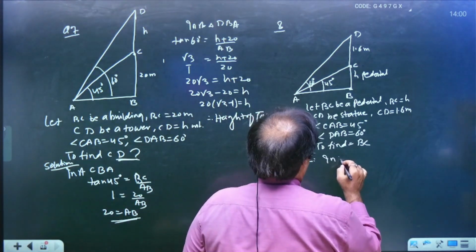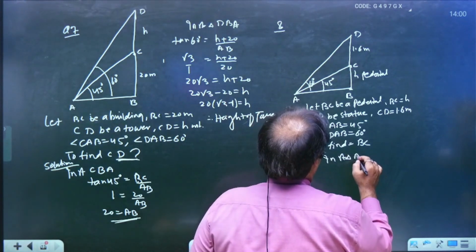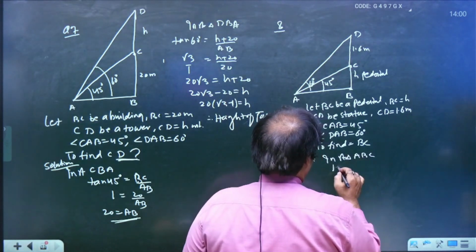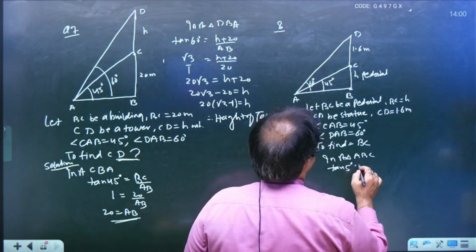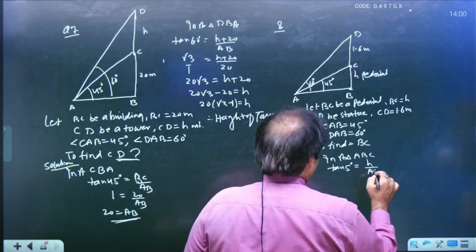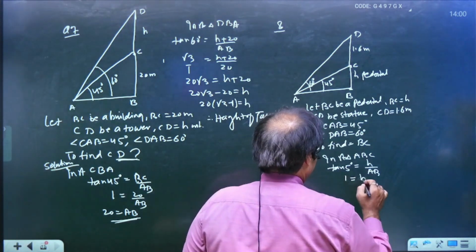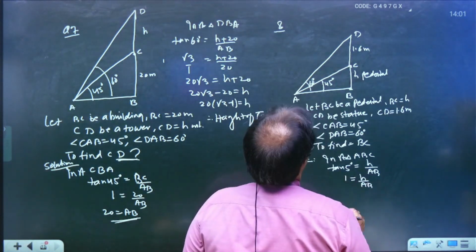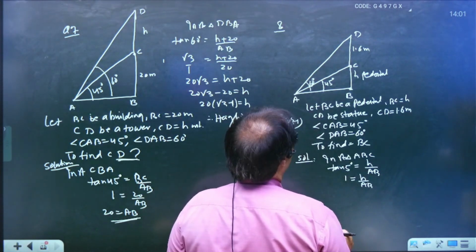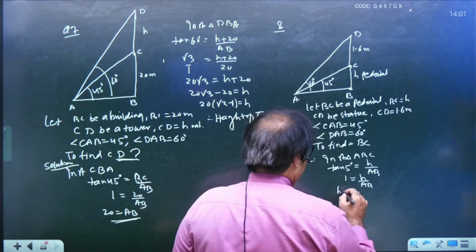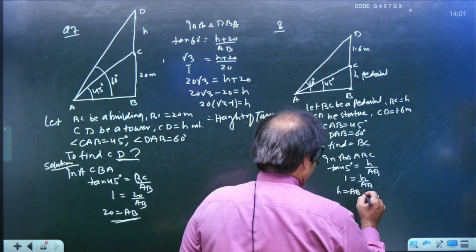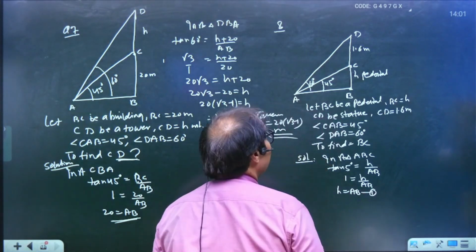In right triangle ABC, tangent 45 degree is equal to H upon AB. So 1 is equal to H upon AB, so H is equal to AB. Put it as relation number 1.